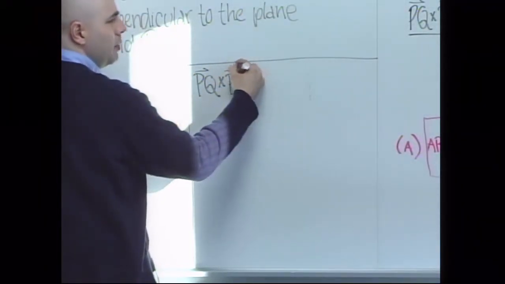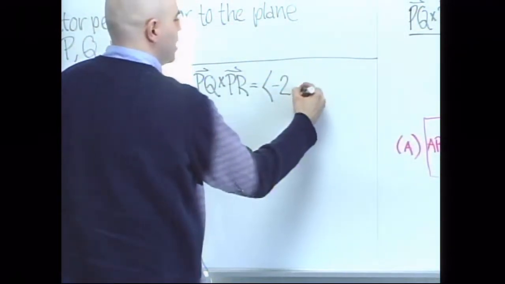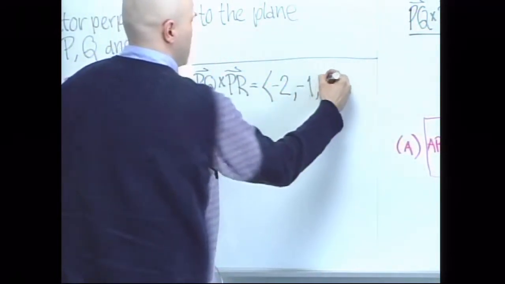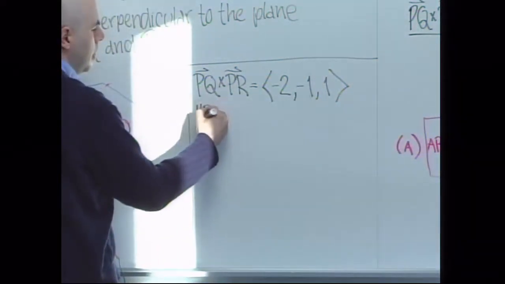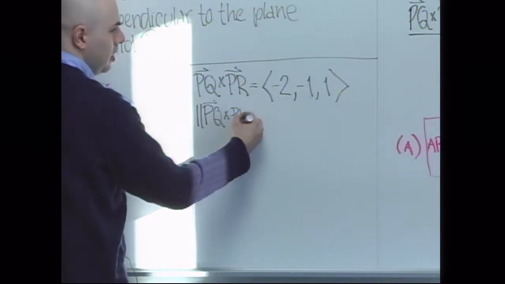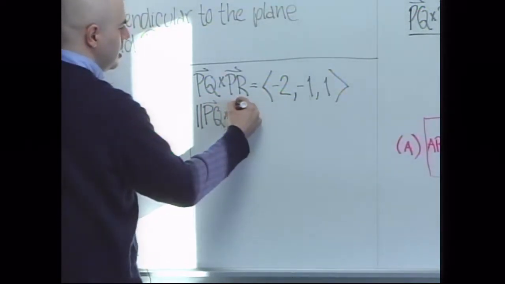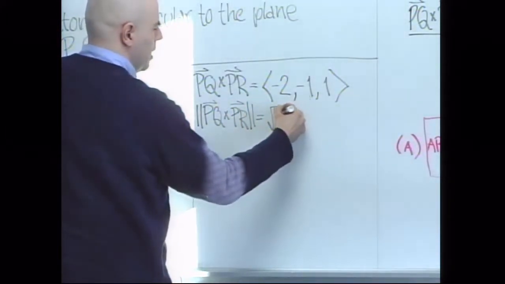Just going to copy what we have from the other side. So PQ cross PR is (-2, -1, 1). And the other thing that we said is that the magnitude of PQ cross PR, not very difficult to see, is actually equal to the square root of 6.